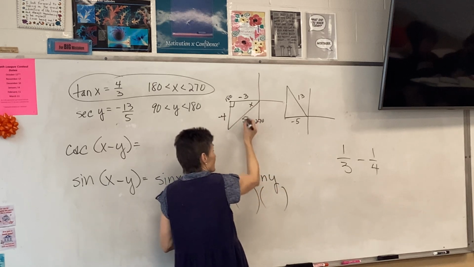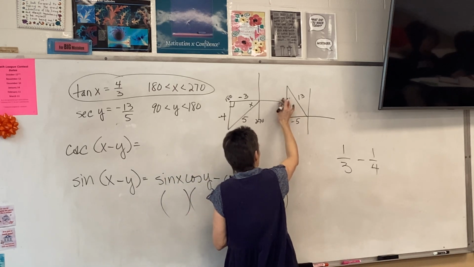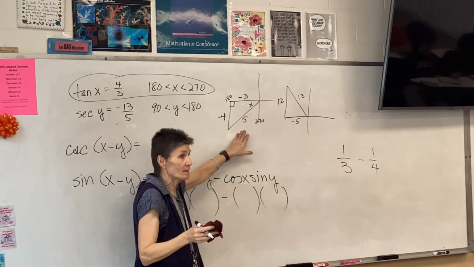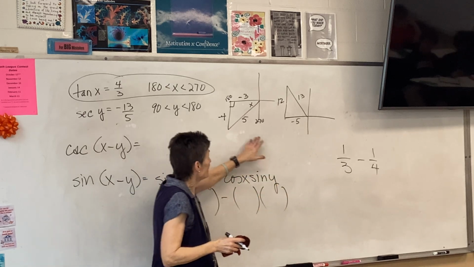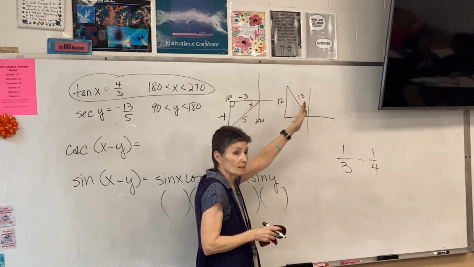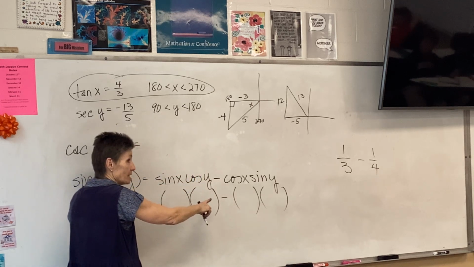So this one I think is 5, and this one is 12. The 5 is of course positive because it's the hypotenuse. The 12 is positive because of its location. Now, I should be able to look at those pictures and plug in my numbers.